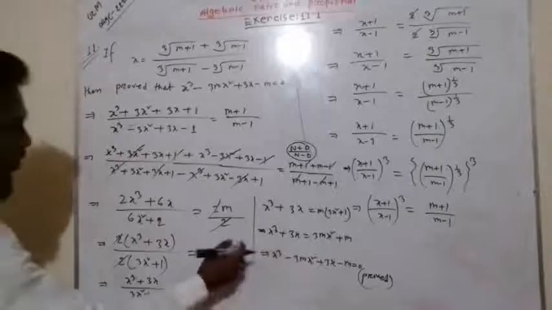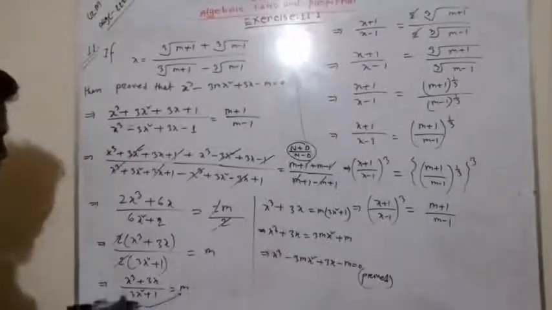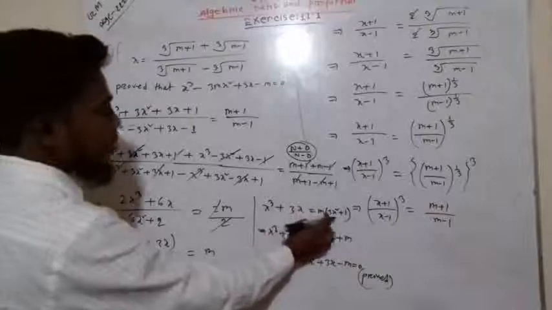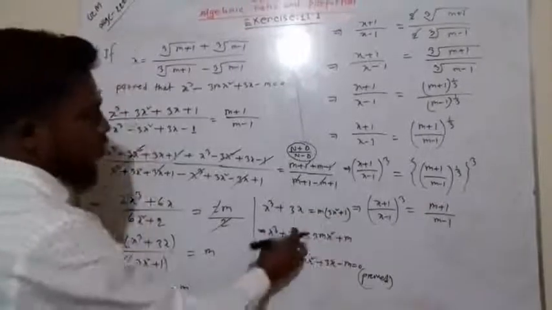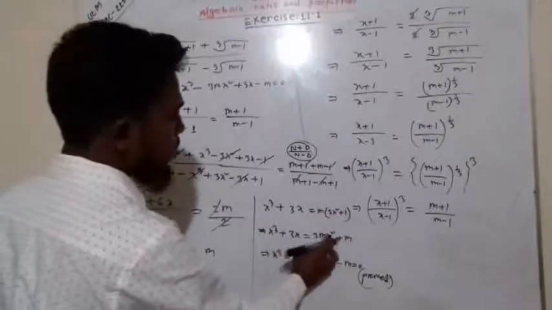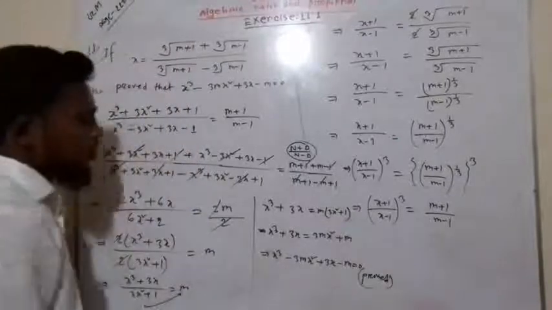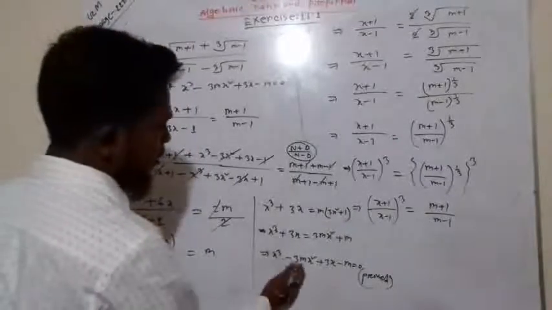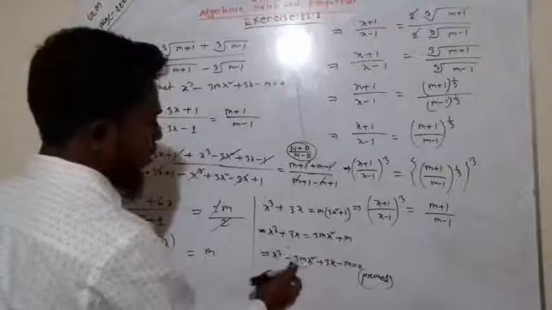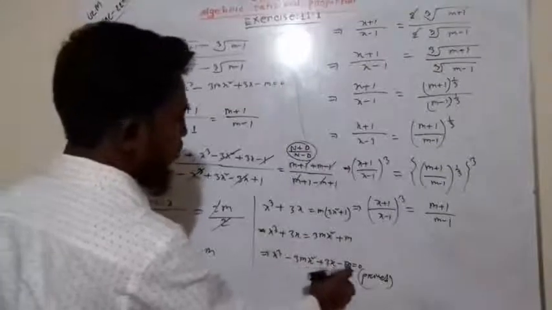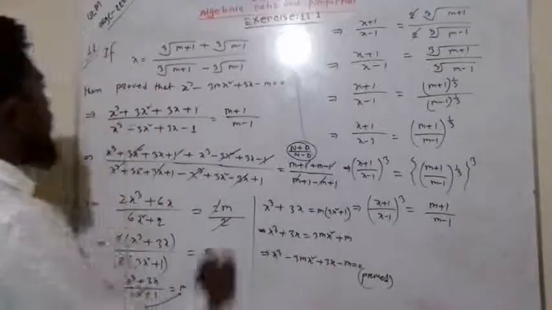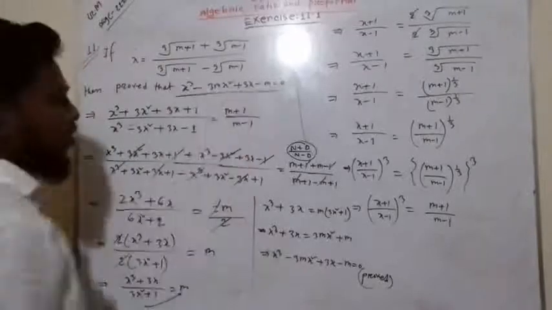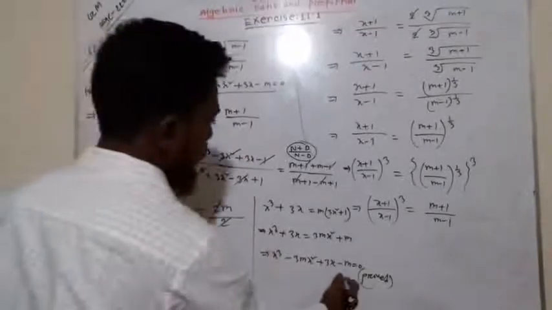Then cross multiply this term, 3x square plus 1. Here m into 3x square plus 1, so multiply by m, 3mx square plus m. Now we can write x cube minus 3mx square plus 3x minus m equal to 0. Hence proved.